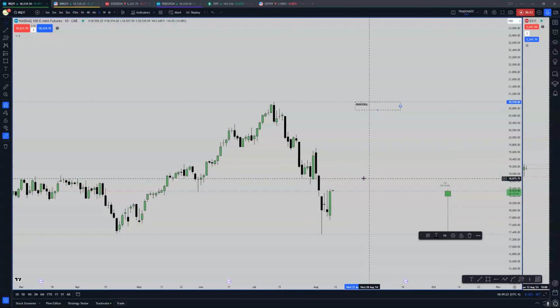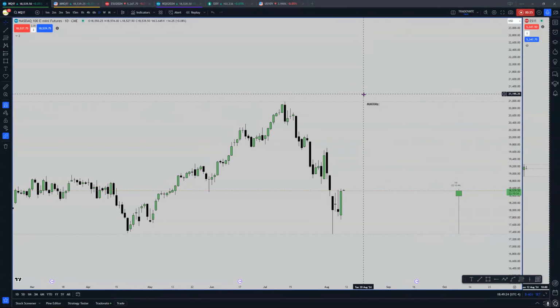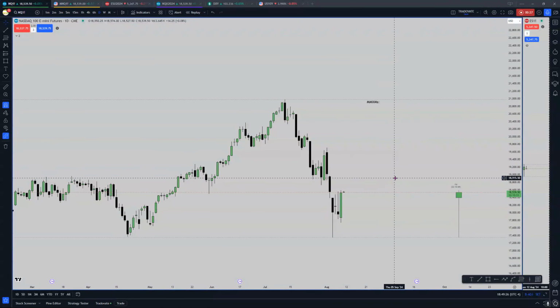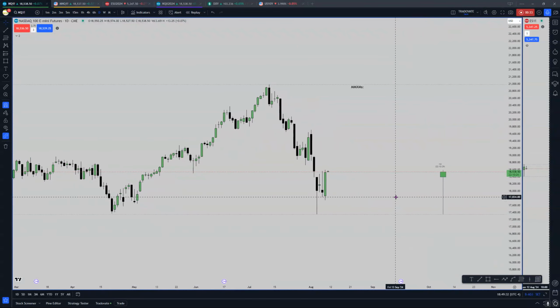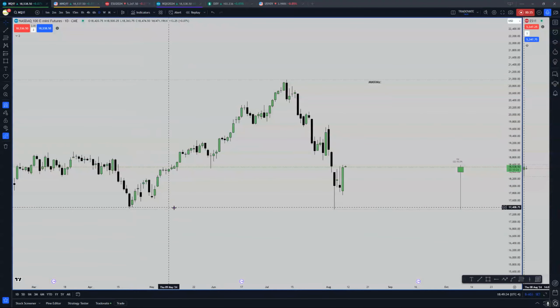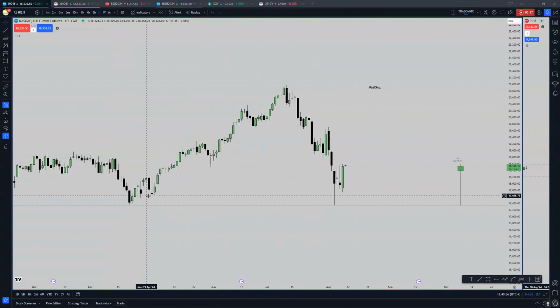You guys have probably heard of market maker models before, but what are they specifically? Market maker models are essentially the way the markets move. Right here, I'm on the daily time frame.